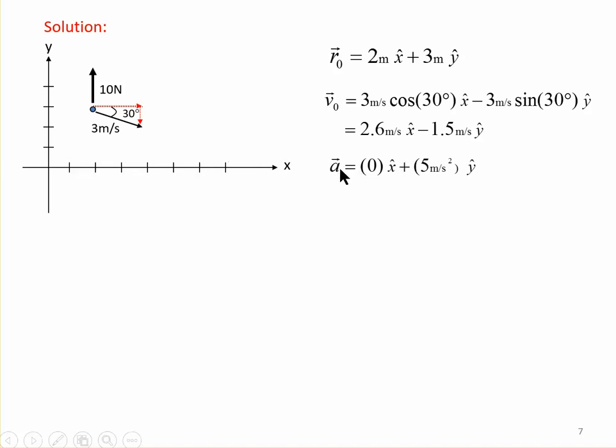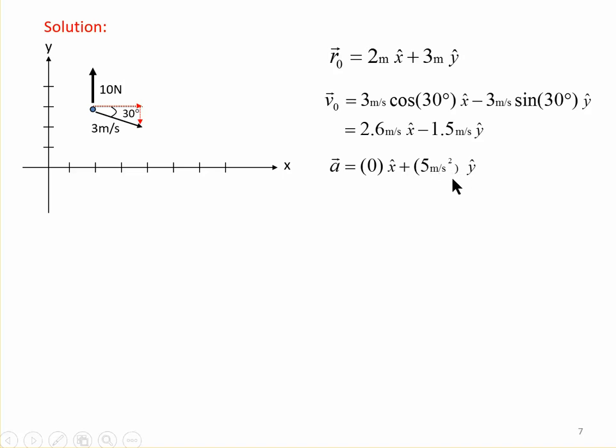Likewise, let's look at the acceleration vector. There's no horizontal forces pushing on this object, so there's no horizontal component of the acceleration. However, there is a vertical force on the object, 10 newtons, and this mass is 2 kilograms. So therefore, the vertical acceleration will be 5 meters per second squared.